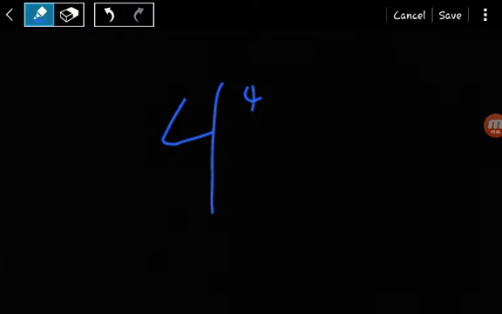That's a pretty big number. So as you can see, just a small number raised to a small power, say 4 to the 4, is already a pretty big number.